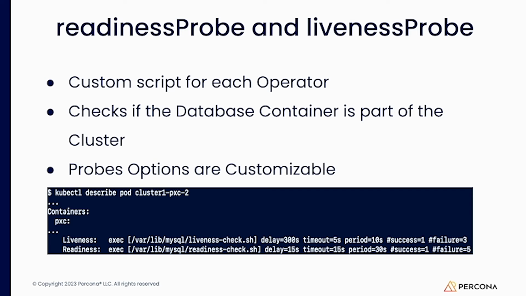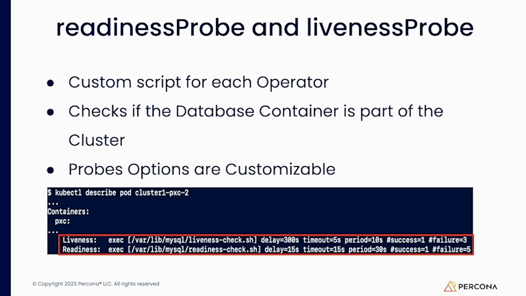It's a custom script for each operator. Actually, it connects to the database and checks the state of the node, if it's part of the primary. If it is not, it deletes the pod, okay?